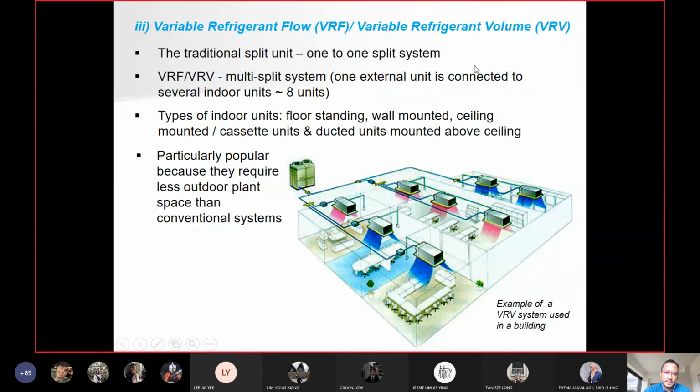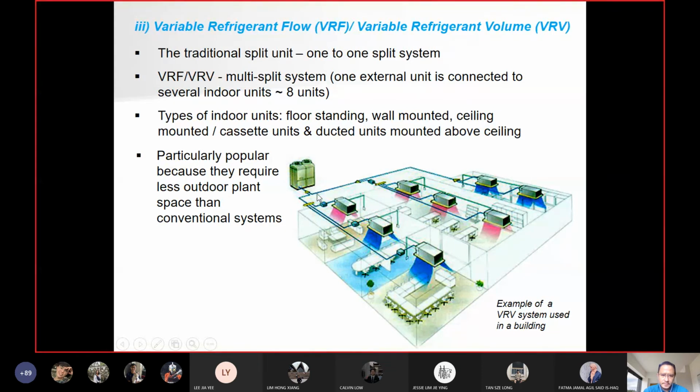In a traditional split unit, the one that we use in a house is a one-to-one split system: one indoor unit and one outdoor unit. But VRF or VRV is also known as a multi-split system, where you can have one outdoor unit and several indoor units inside. It can be 8 units or more, depending on the size of the condenser. The bigger the outdoor unit, the more units you can have on the inside.